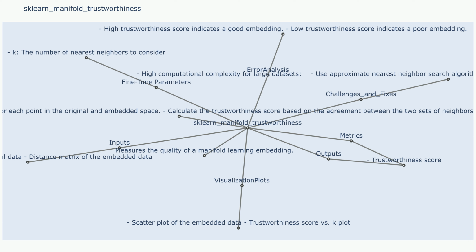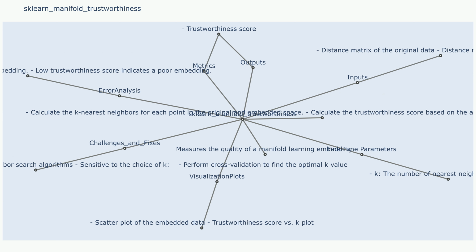Inputs. Input 1: the input data, represented as a 2D NumPy array where each row represents a data point and each column represents a feature. Input 2: the output embedding of the manifold learning algorithm, also represented as a 2D NumPy array.